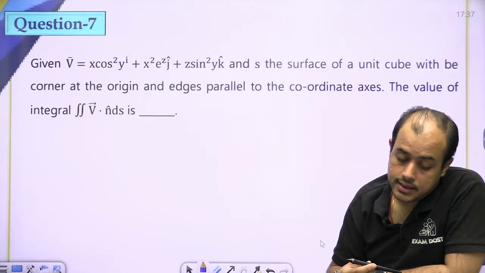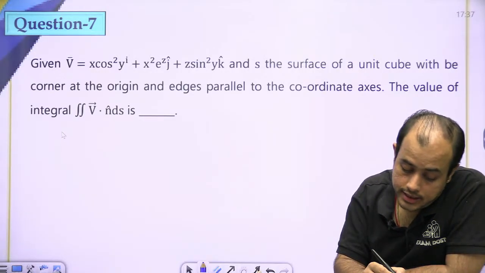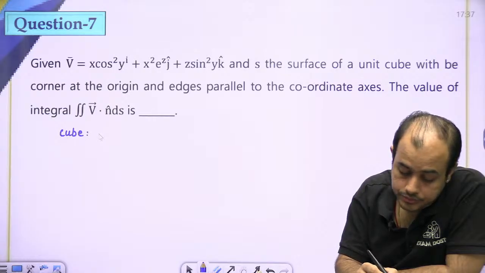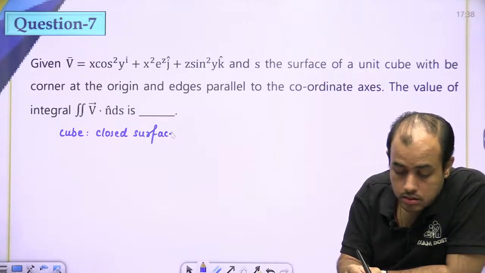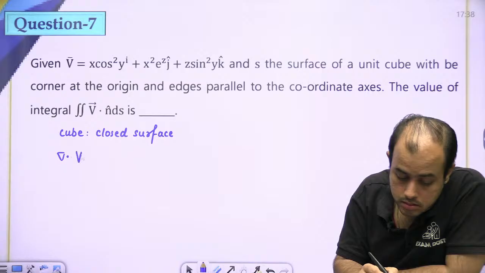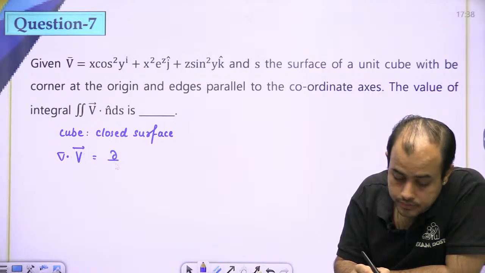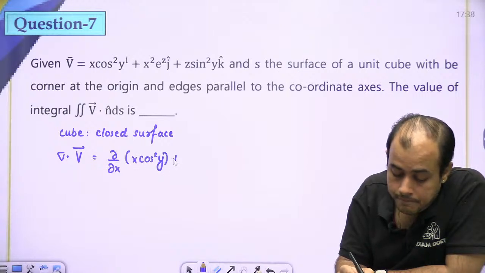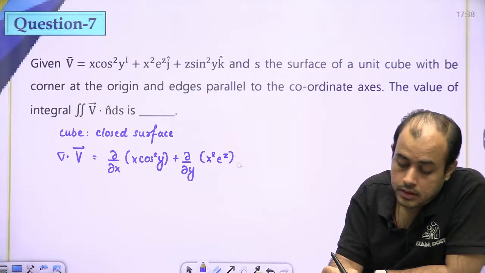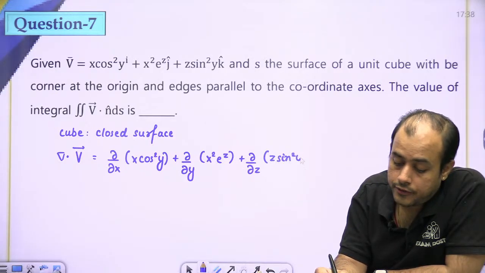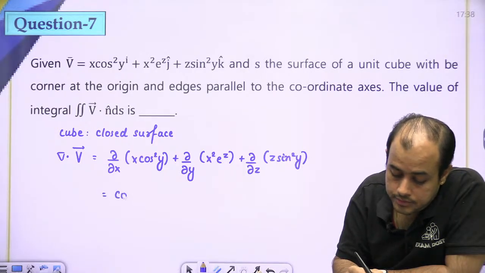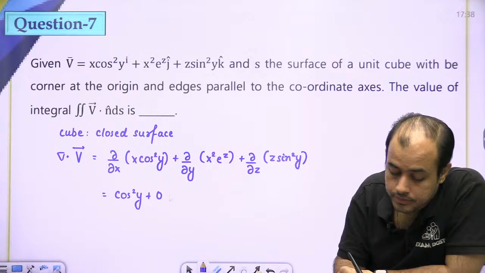Vector field, S is the surface of the unit cube. Again, beta, cube is a closed surface. Del by del y, del by del z. Okay, when I see a closed surface, I prefer to use the divergence theorem.